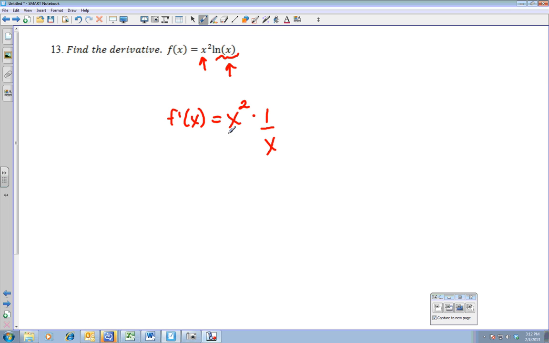So I have first times the derivative of the second plus my second term times the derivative of my first, 2x. So I'm going to simplify this. F prime of x equals, I have an x that will cancel, so that's just going to give me x, plus, I'm going to bring this 2x out in front of my natural log of x, and write it just like that.